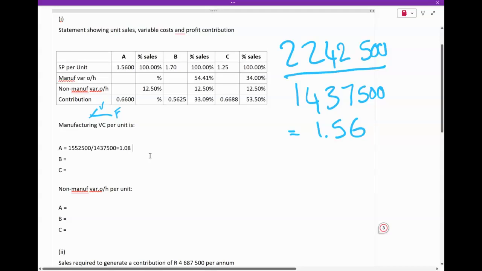Remember, this is per unit, isn't it? It's 1 rand 8 cents per unit, so already it's per unit. And they told us the fixed portion is absorbed at 0.375 per unit. So to get our variable only, to remove the fixed portion, what must we do?